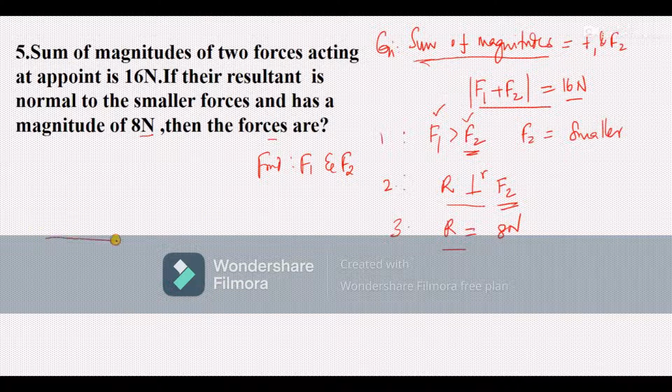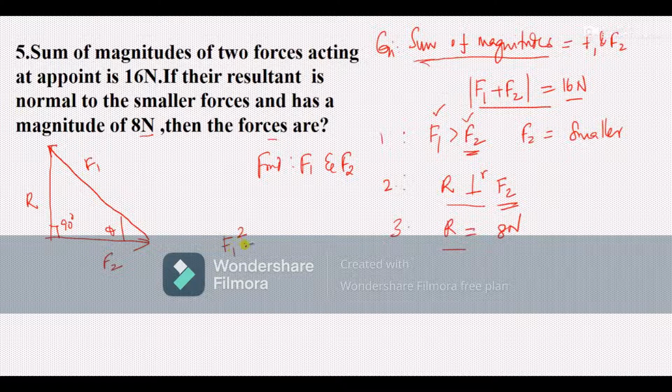So we draw a diagram now. In a previous problem, we found a similar case where the resultant is perpendicular to one of the forces or vectors, and we have drawn it in the same way. Similarly, one vector is F2 and R is perpendicular to it.